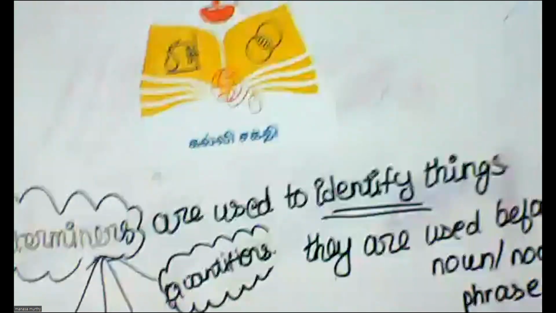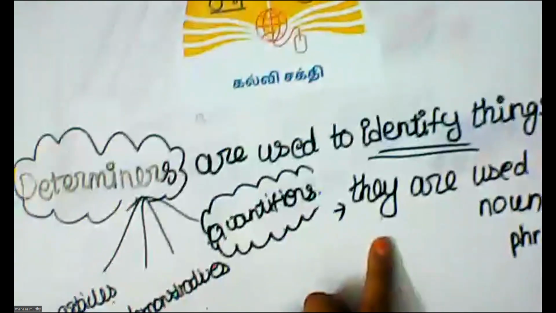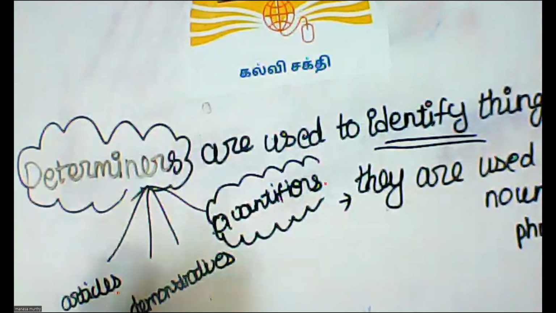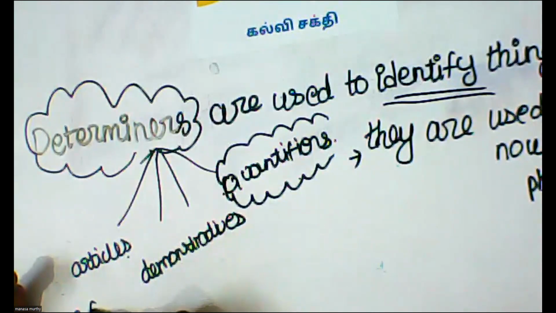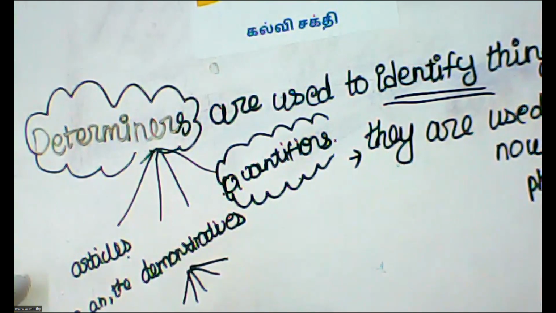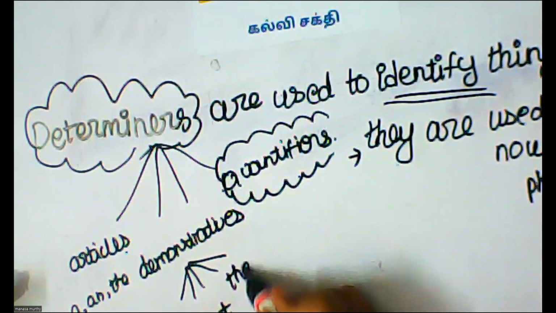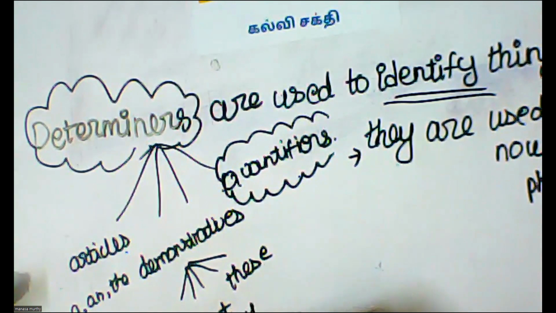So determiners are used to identify things. They are used before a noun or noun phrase. We have various types of determiners. Articles: a, an, the, these we call articles. Demonstratives: this, that, these, those are demonstratives.